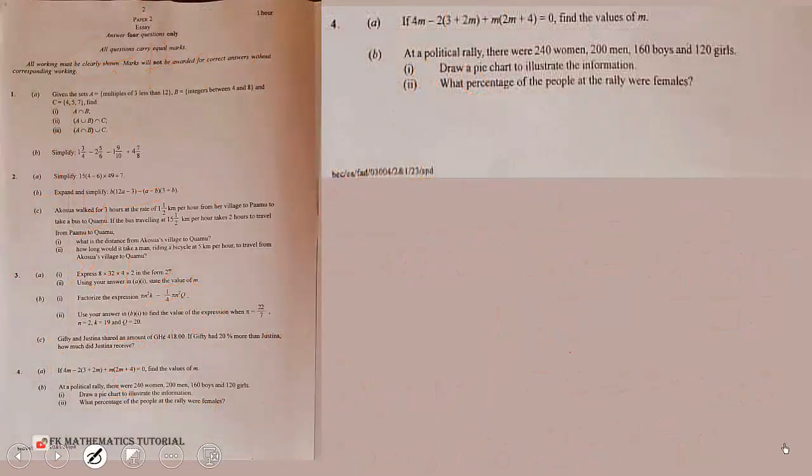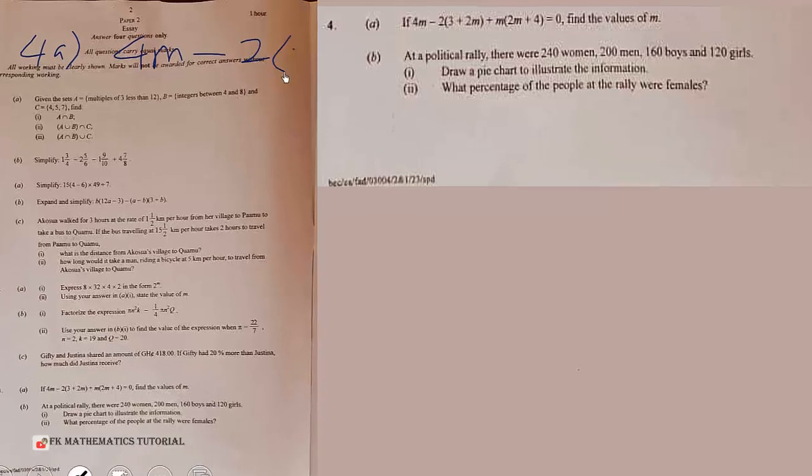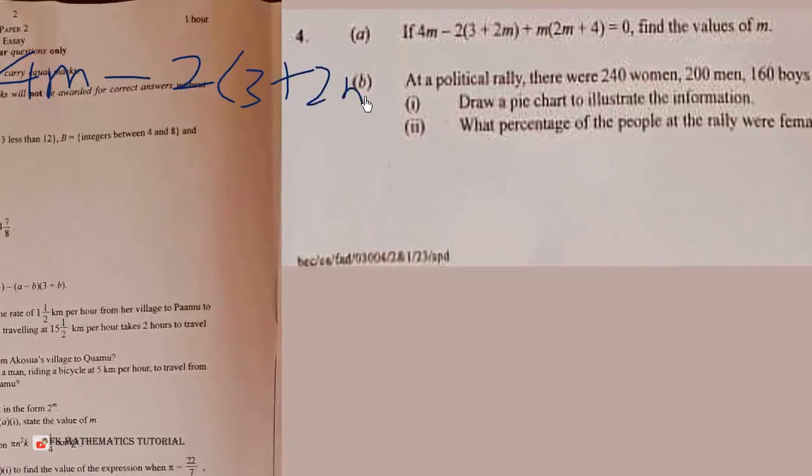Question number 4a. It says if 4m minus 2 into bracket 3 plus 2m plus m into 2m plus 4 is equal to 0. Find the values of m.